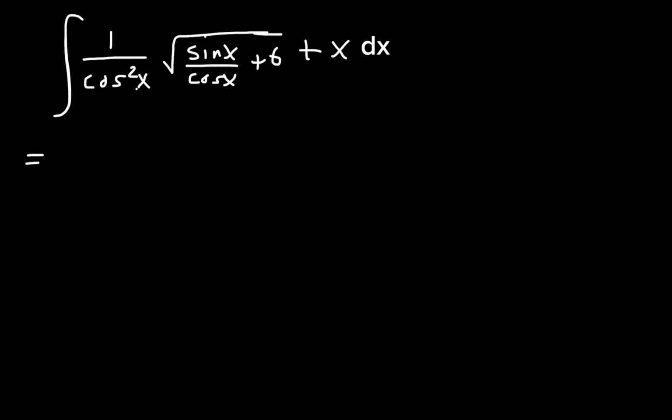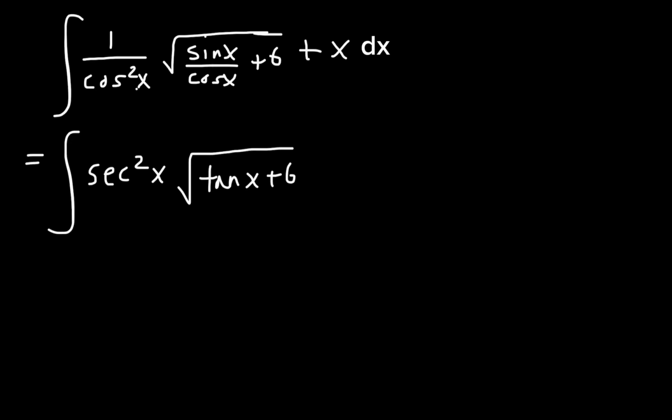This is the same as the integral of, 1 over cosine squared is secant squared x. And now sine x over cosine is tangent x. So the square root of tan x plus 6. And then we can also separate the integral here, x dx.